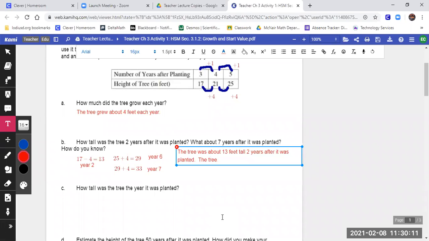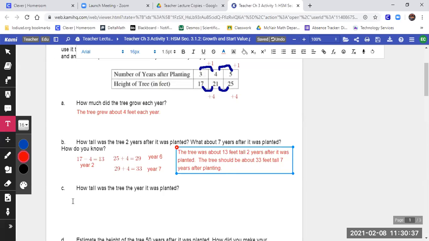The tree should be about 33 feet tall, 7 years. Oops. After planting. Okay. Questions about that? Yes, you have to show your math if you're expecting to get full credit.